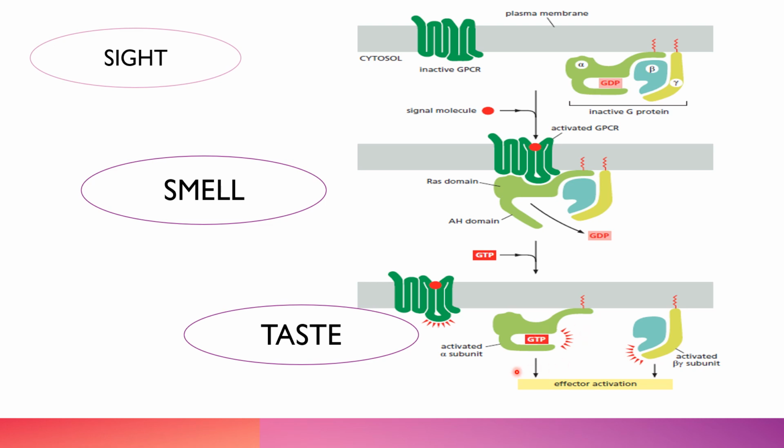So both our alpha subunit is in an active state, and the beta and gamma complex is now active too. It's not only the alpha subunit that will activate other proteins or have an effect on the cell. Both alpha as well as the beta and gamma complex have their effectors, and they lead to different changes in the cell.